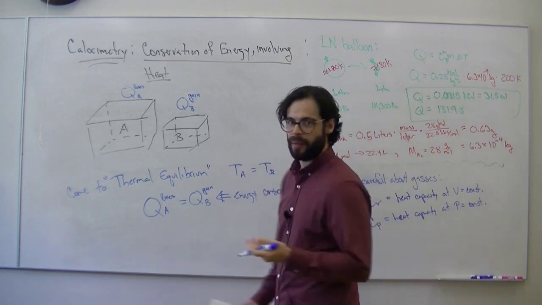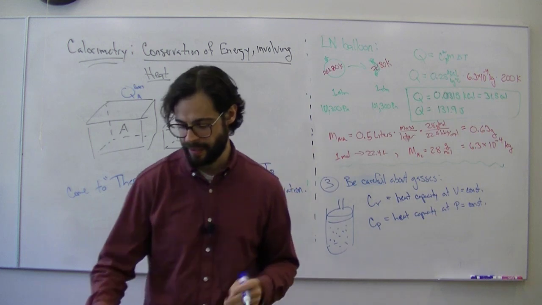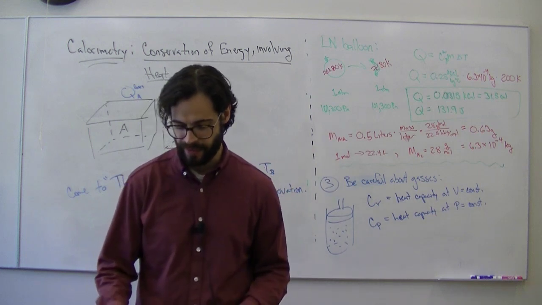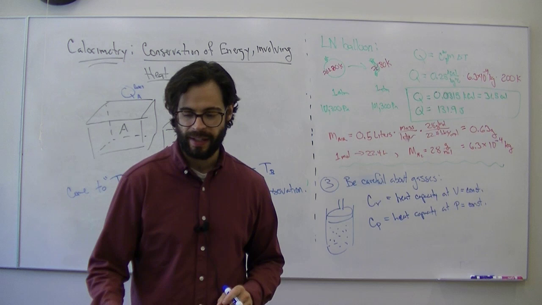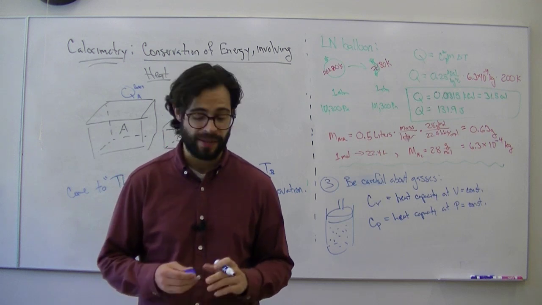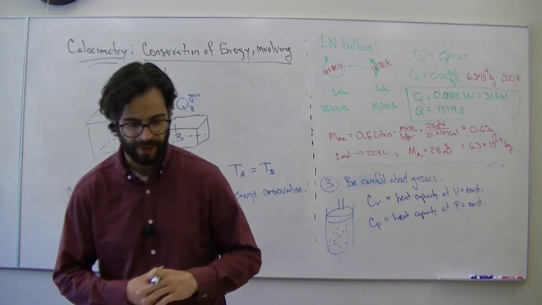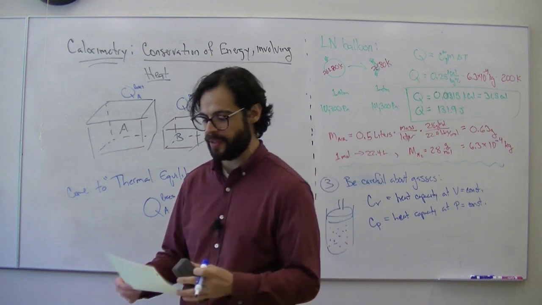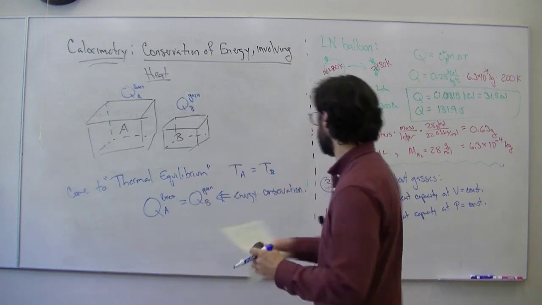So we'll do a basic problem now, and then later you'll add the bells and whistles, which involve phase changes and the specifics of how a gas might, for instance, come to thermal equilibrium.